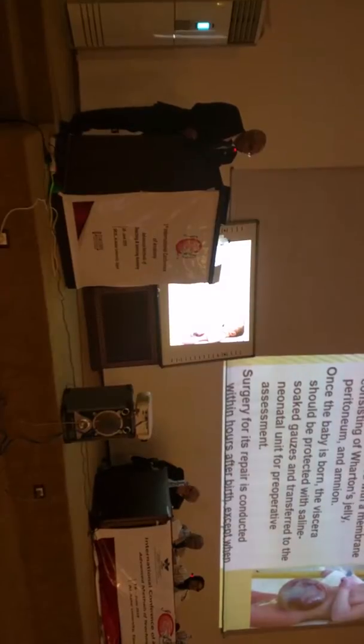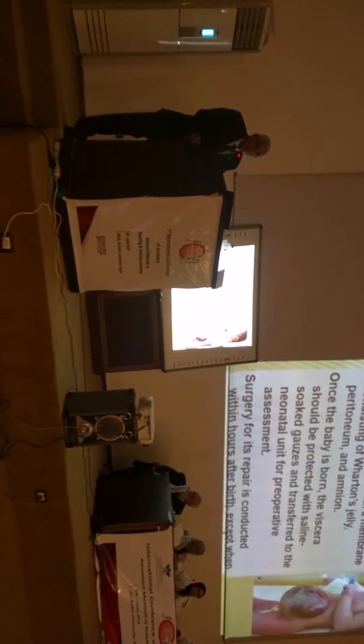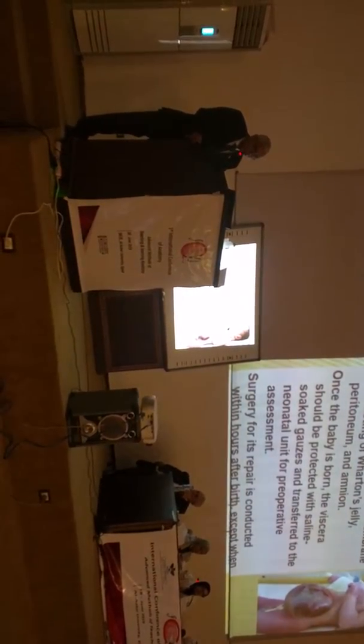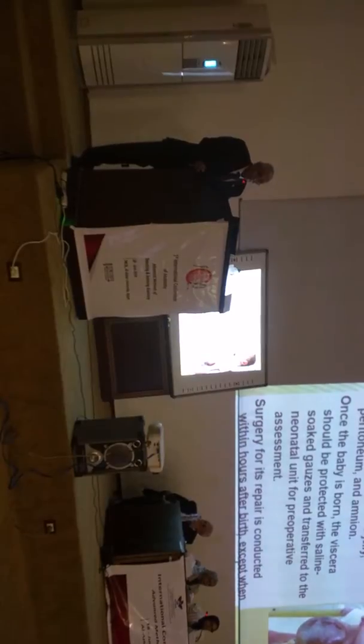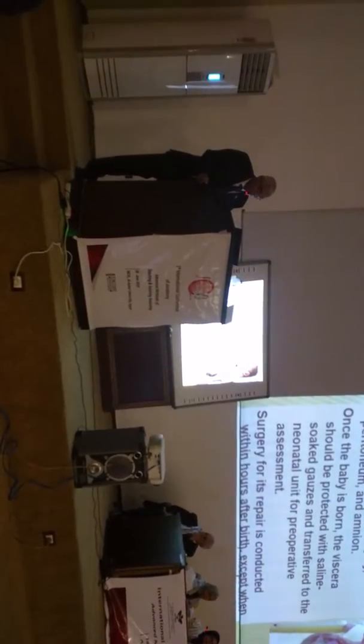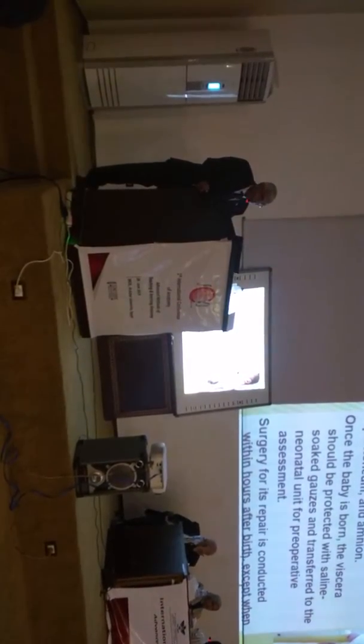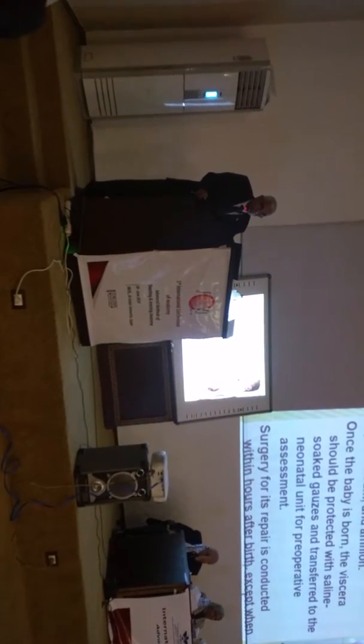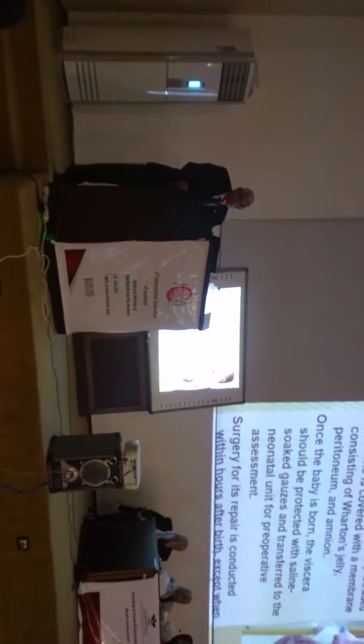Omphalocele or exomphalus. It is a large bulge, as you see, at the umbilical ring. There is a large defect in the umbilical ring, from 5 centimeters to 15 centimeters.